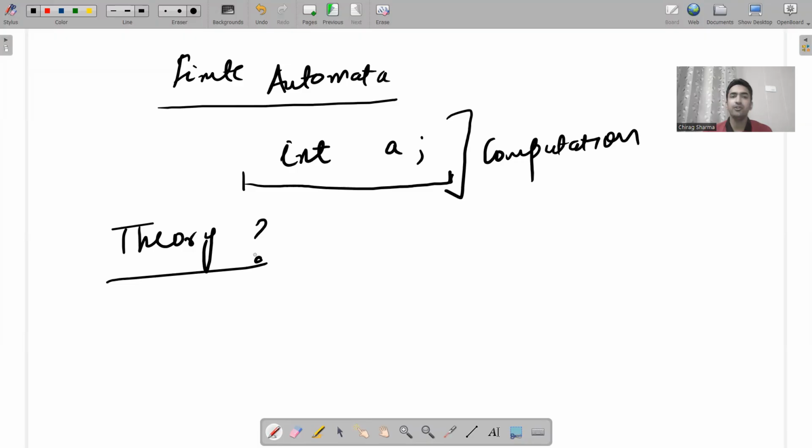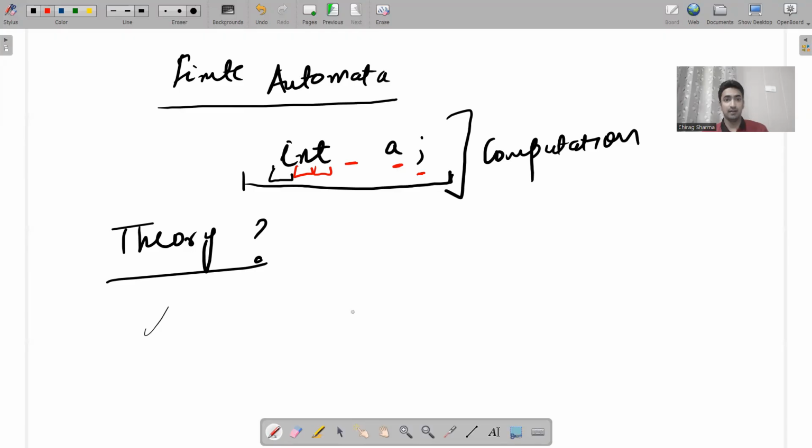Now, I'm going to create a computation model of it. Computation model is what my automata actually is. The computation model says that firstly the compiler will recognize I, then the compiler will recognize N, then T, then space, then A, then semicolon.